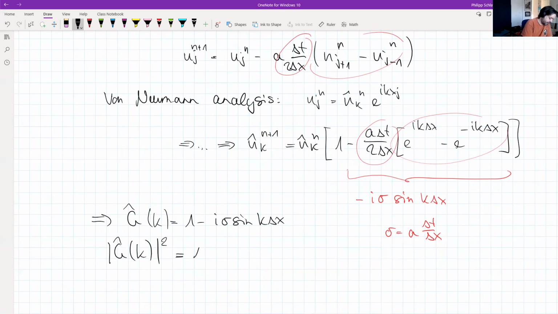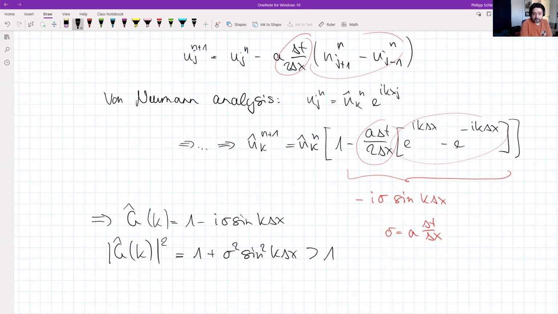In this case, it is 1 squared plus the imaginary part squared, which is sigma squared sine squared of k delta x. What you see from this is that 1 plus a square is obviously always larger than 1. So this is clearly larger than 1.